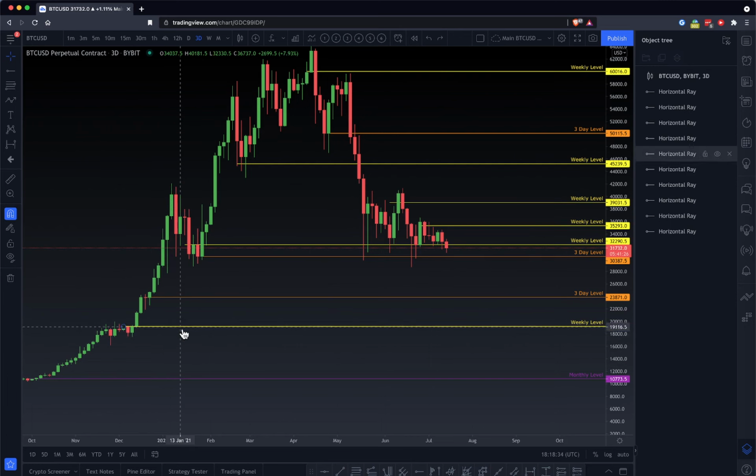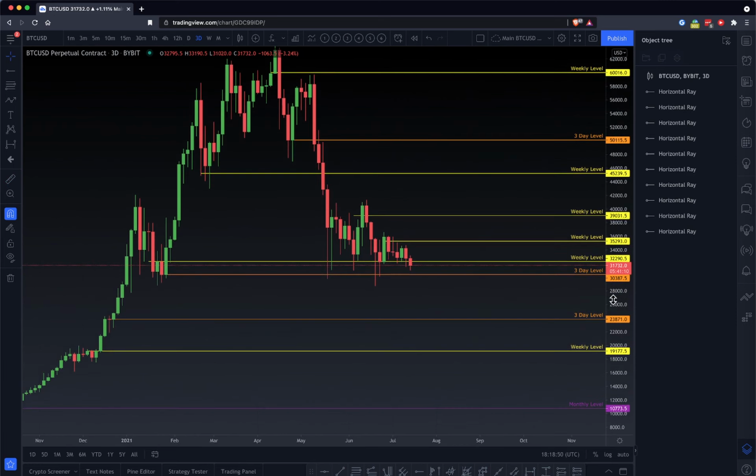So obviously we are a bit far away from here, but if we drop another 30% here, another 20%, just to be aware of.